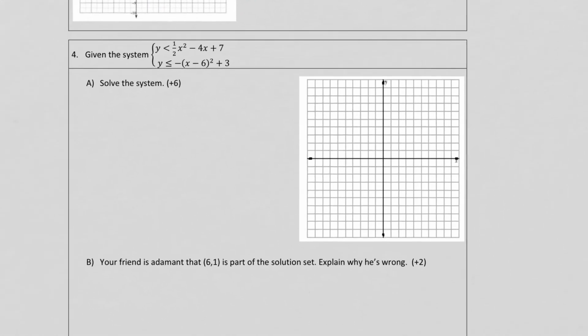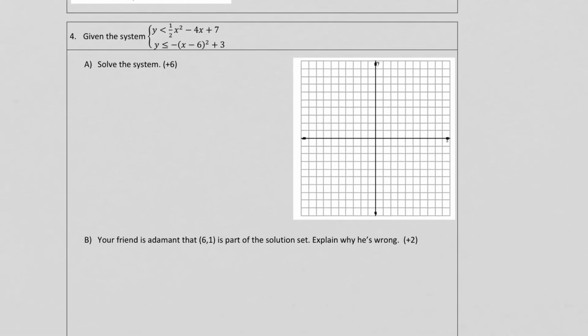All right, come down here. Solve this system. Now I told you when you have inequalities, there's no equal signs here. This is inequalities. You had to graph them. So the only reason you have all this space here is if you need to do some work to be able to graph your parabola. All right, so let's just start with this top one here.